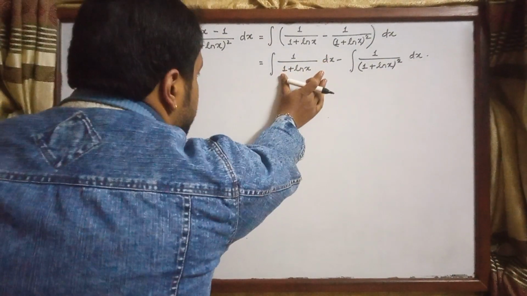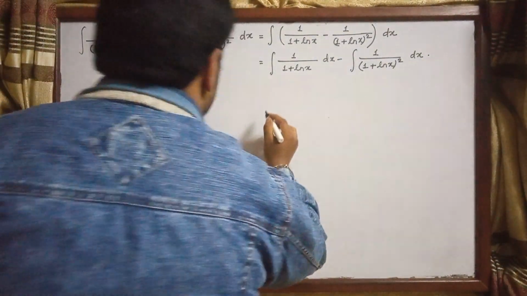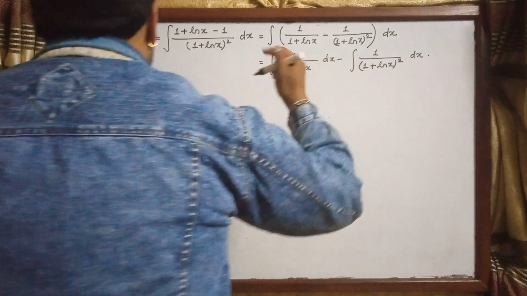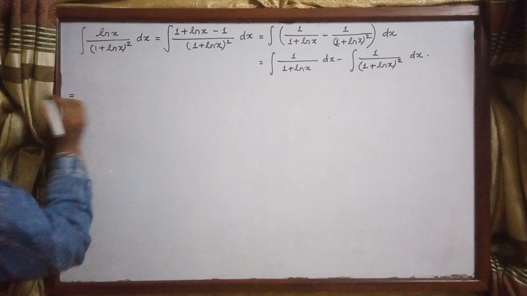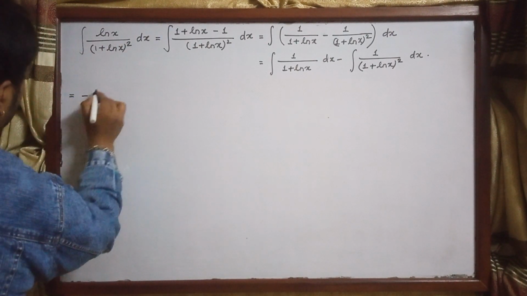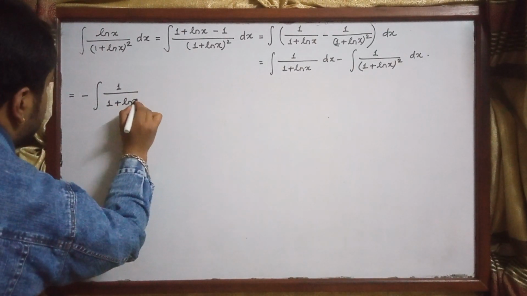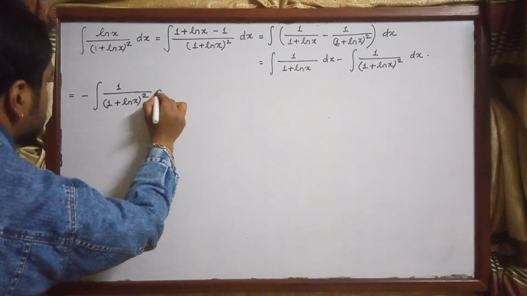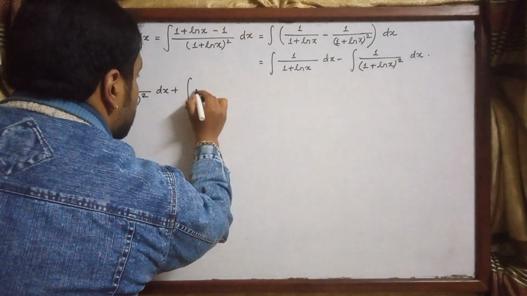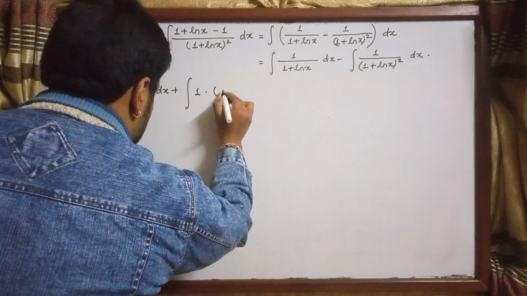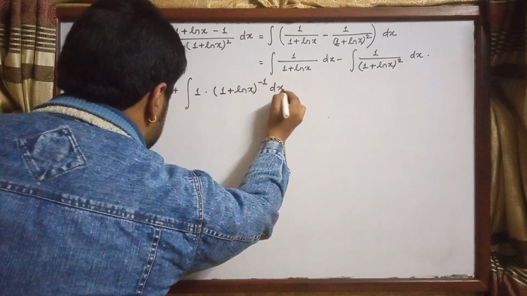Now I'm going to integrate this integral using by parts. Okay, so I'm going to put this integral as it is. So continuing all the way over here, we're going to have minus 1 over (1 plus log x) squared dx plus 1 times (1 plus log x) raised to the power minus 1 dx.